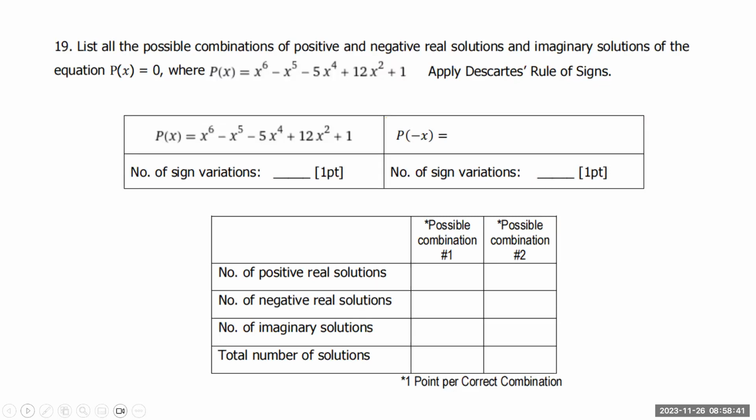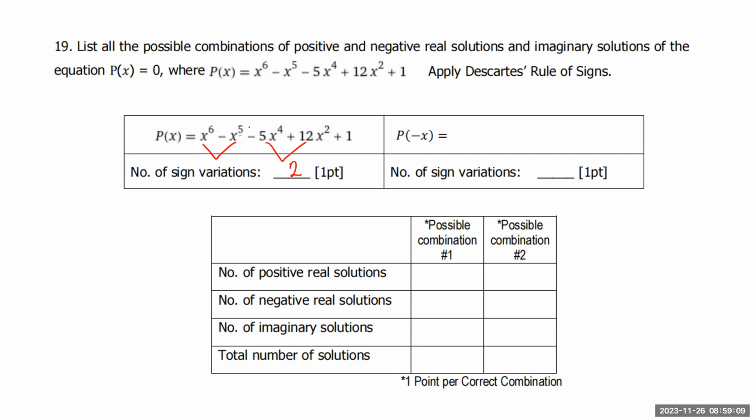Next, applying Descartes' rule of signs in this given polynomial. First step, we need to find the sign variations. For p of x, we have here 1, 2, so 2 only. To get the number of sign variations of the negative, we need to find p of negative x.